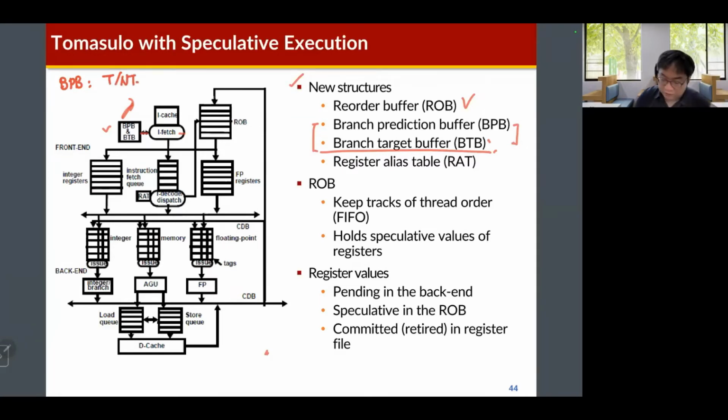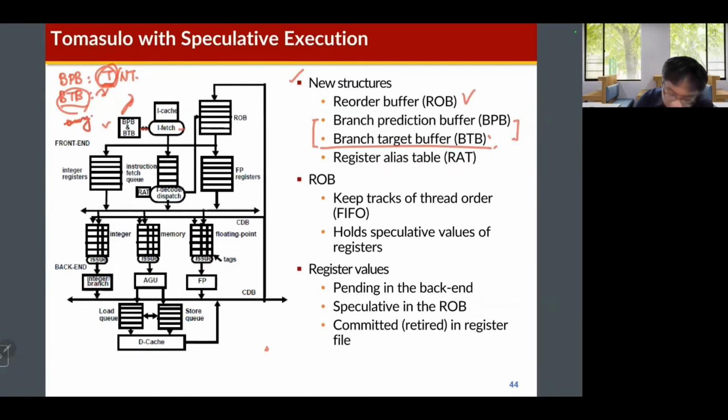If the branch is taken, then we need to jump to the target of the branch instruction. If the branch is predicted as taken, then using the branch target buffer, the target is estimated, and using this target, instructions are fetched and included in the instruction fetch queue.